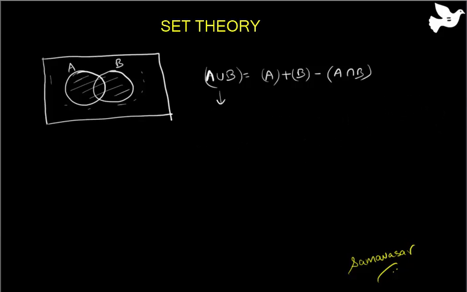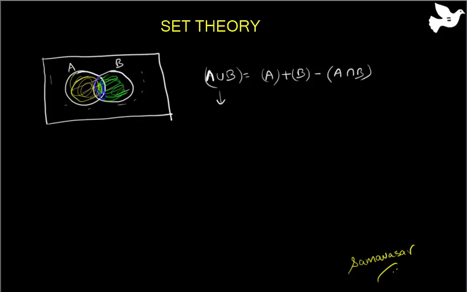Now, A here means all the elements in set A. So this means all the elements in this entire region. We are including the shaded region, the common region also. B means all the elements which are in set B. Now, as you see, if I add these, the common region was shaded twice.